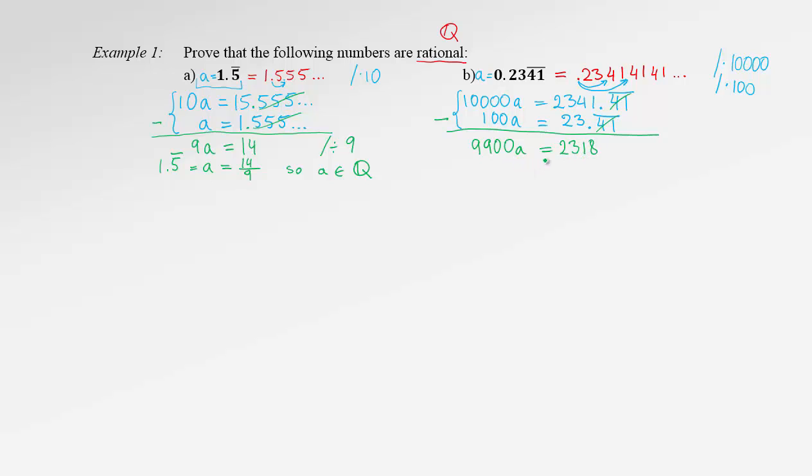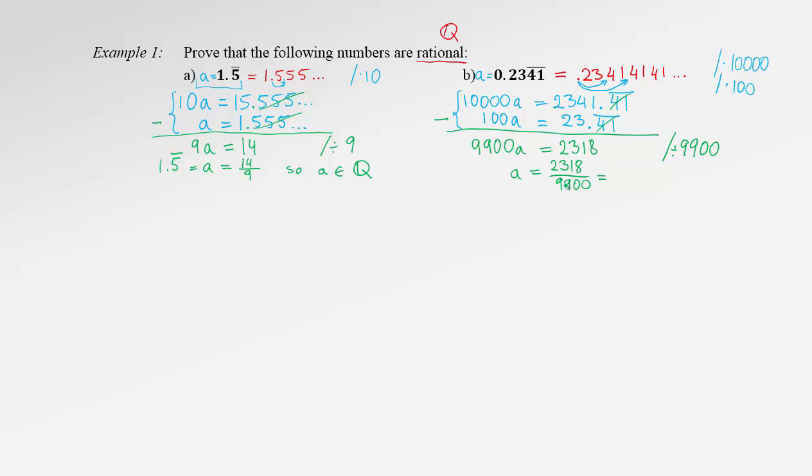Okay, so that's nearly the end. We just need to divide the equation by the leading coefficient 9900, and we present a as a fractional number, 2318 over 9900.